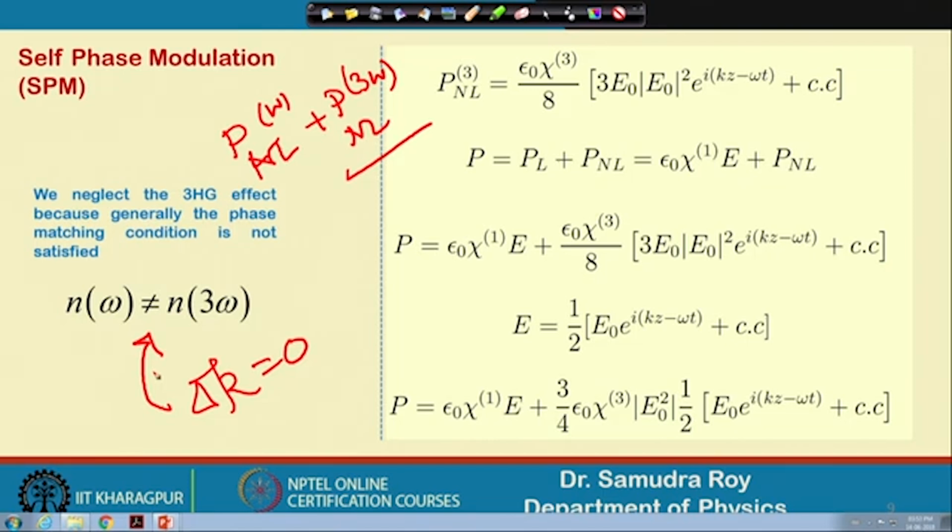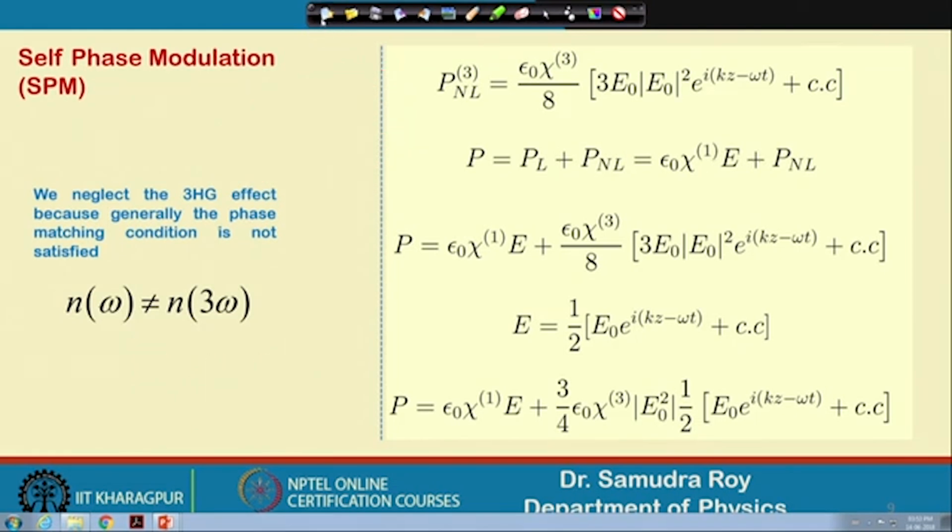We need to have a proper kind of crystal where we can make this kind of arrangement, so that the dispersion profile is matching properly and we will get a third harmonic effect, but normally we are not going to get this. So, in this P nonlinear term we will not bother about, for the time being, the term containing the frequency 3 omega, because this 3 omega frequency can lead to third harmonic, and we are not going to discuss third harmonic right now, because the phase matching is normally not satisfied here.